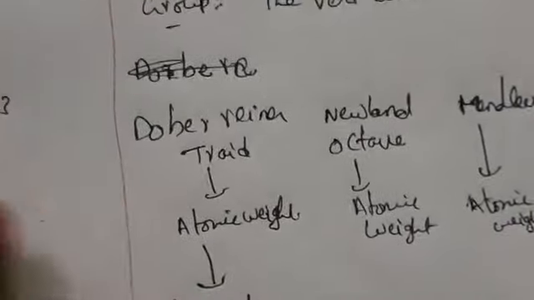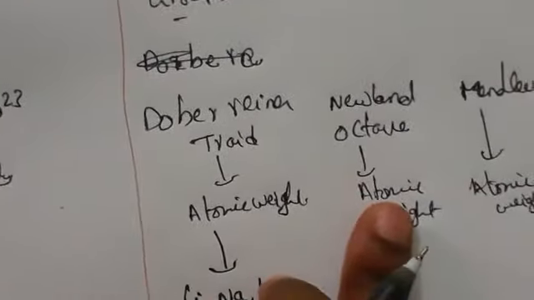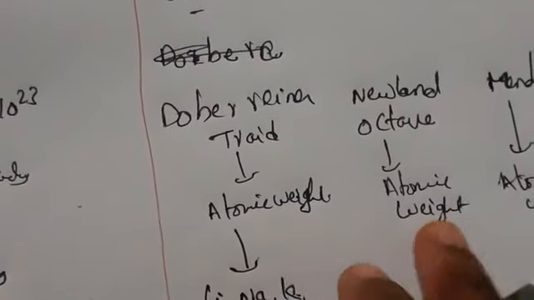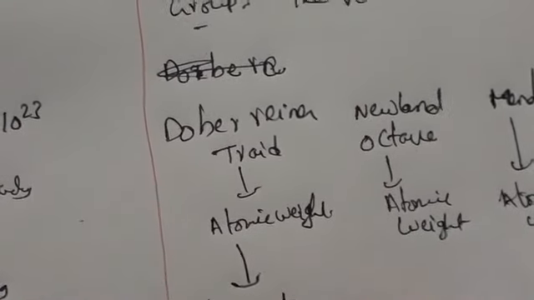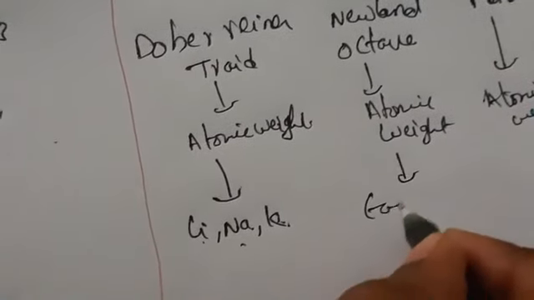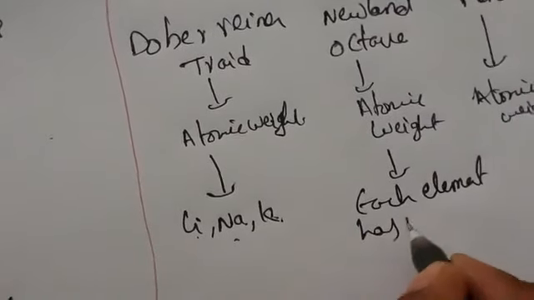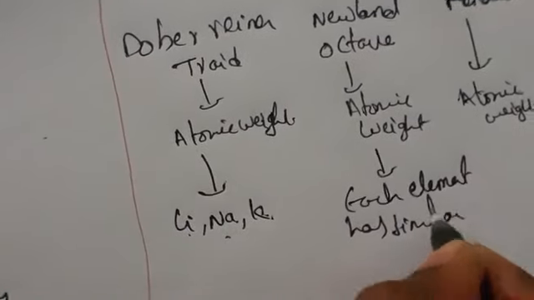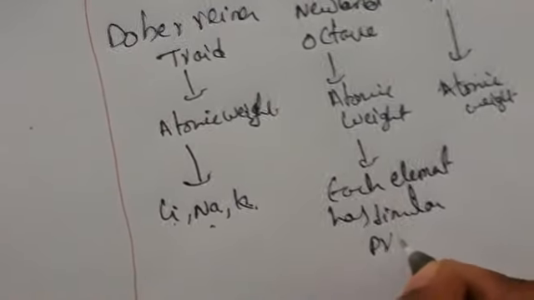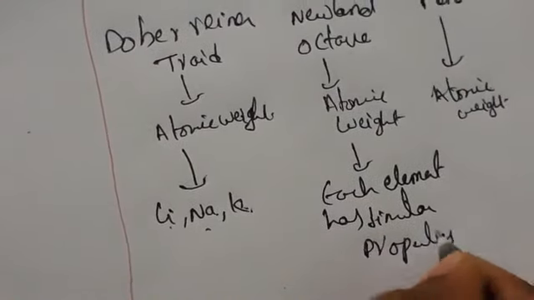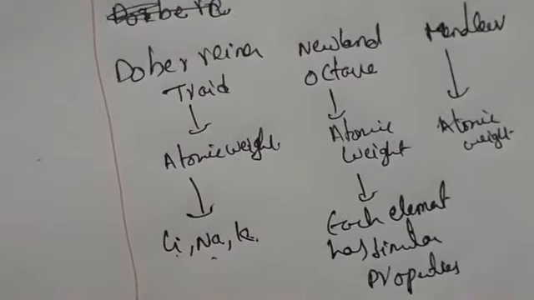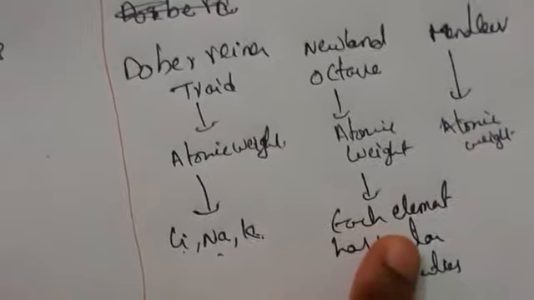Coming to Newlands' octave, he explained that each element, counting from a starting element, has similar properties to the eighth one.